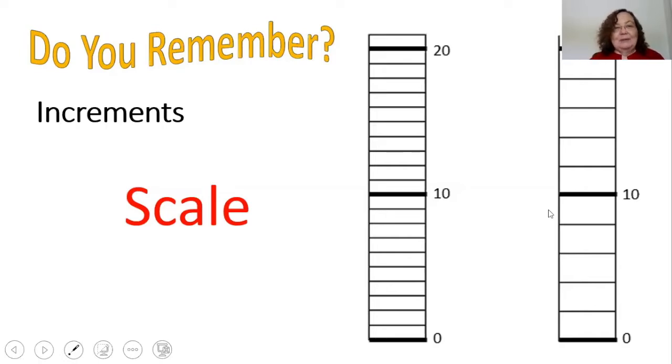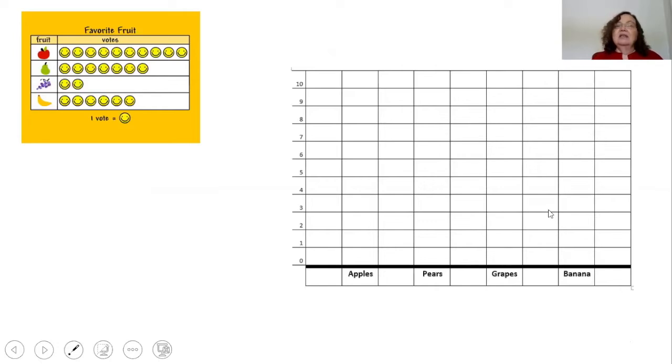So let's go on. So look at this with me. I remember this pictograph from yesterday, and it said favorite fruit was the title, right? And then we have fruit and votes. And just for fun, let's write how many. So the apple has 1, 2, 3, 4, 5, 6, 7, 8, 9, 10.